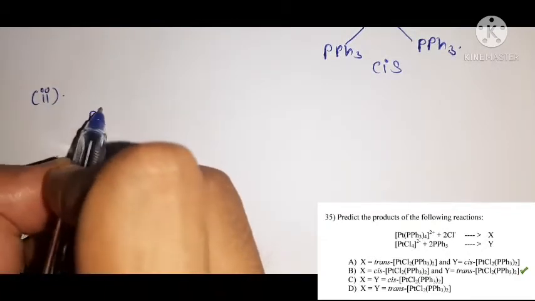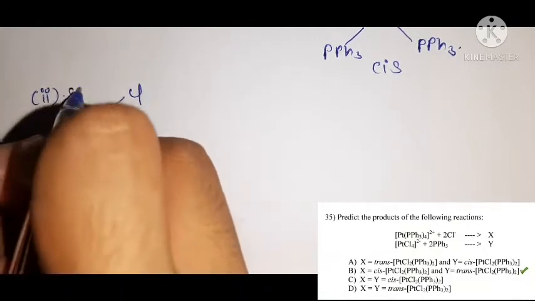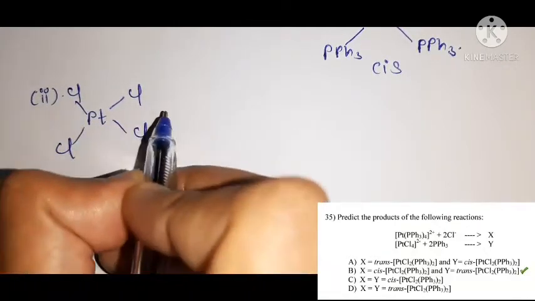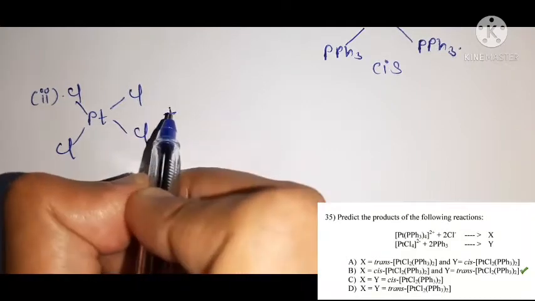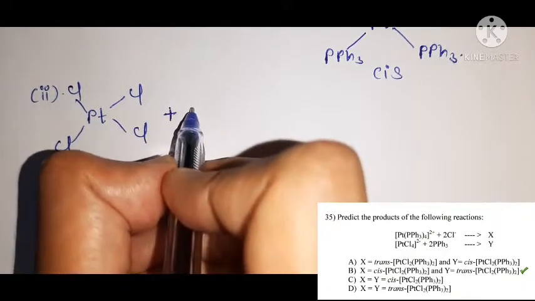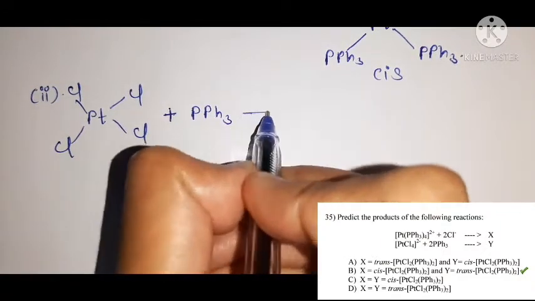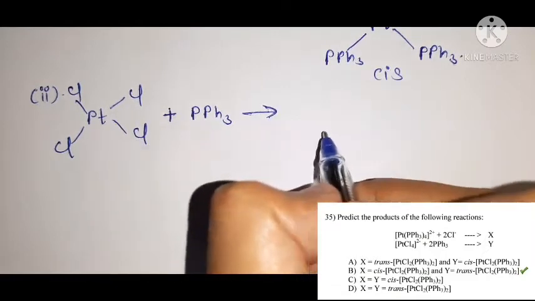So in the second reaction, this complex is present: PtCl4 2 minus. Now here the same mechanism follows. That means first of all the first triphenylphosphine molecule attacks this molecule and we obtain this species.